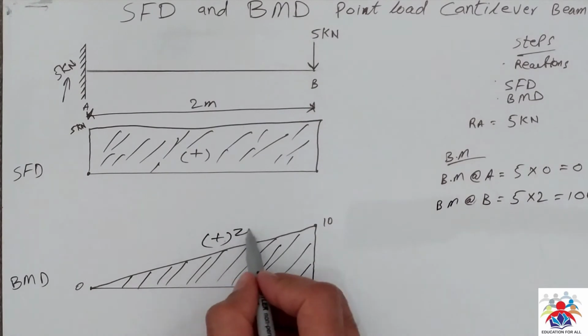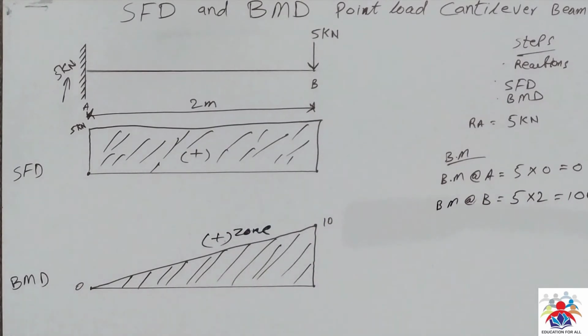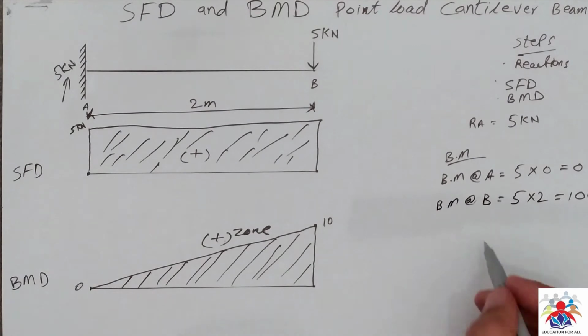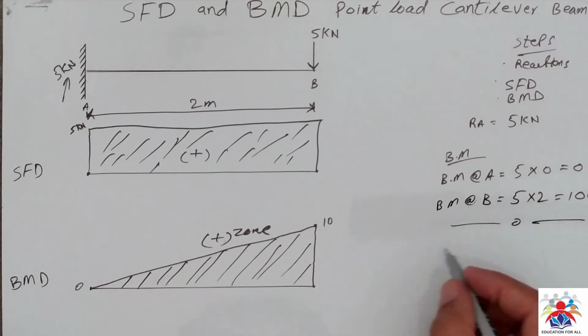Okay, positive zone. Now as you can see, our load is acting downwards. We can draw bending moment in negative zone as well. So how do we do that? I need to calculate it as well.